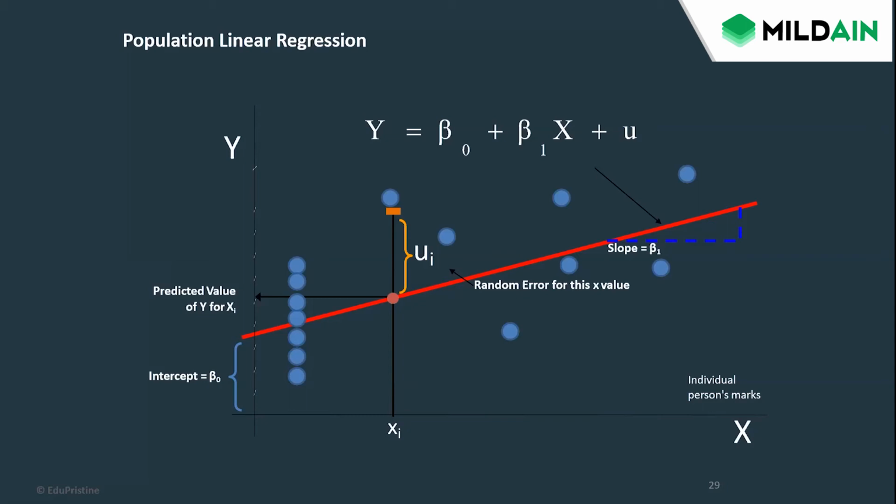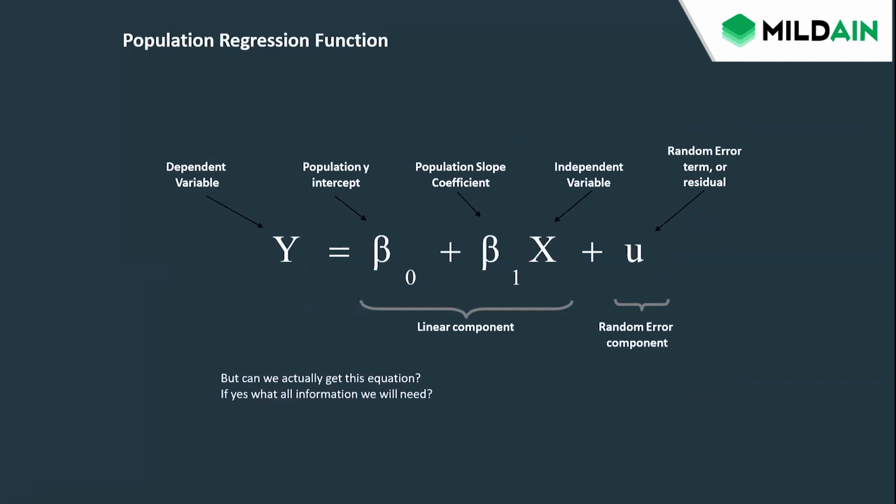See, in the function, Y is the dependent variable, B naught is the population Y intercept, X is the independent variable, and U is a random term, statistically called the random error, or we call it residuals. This B naught plus B1 X is called the linear component.